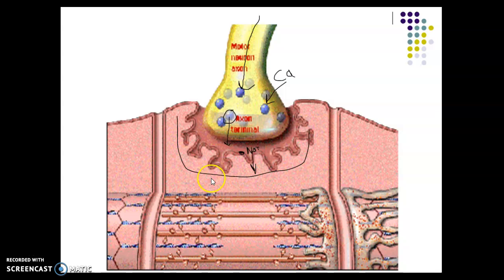And we're going to go from negative 70, and it has to reach this magic number, which we call the threshold potential, which we're saying is positive 30 millivolts. So once this area reaches positive 30 millivolts, then voltage-gated sodium channels are going to open.